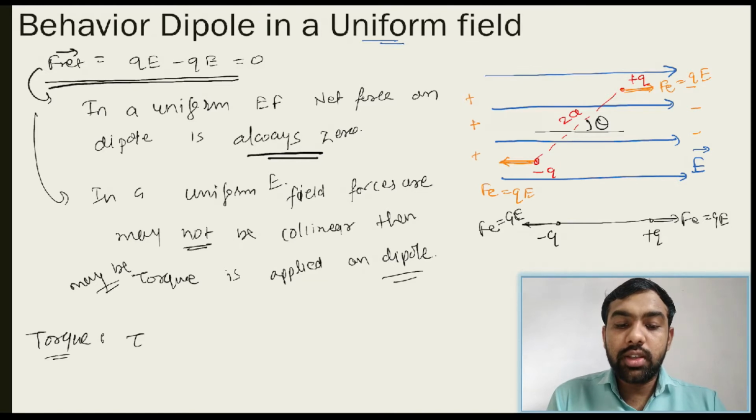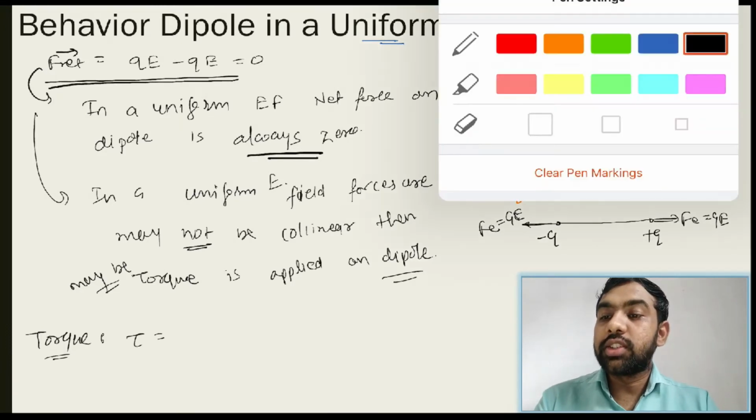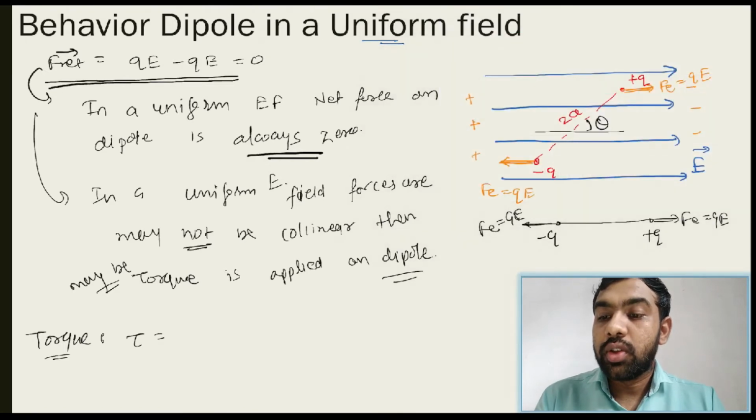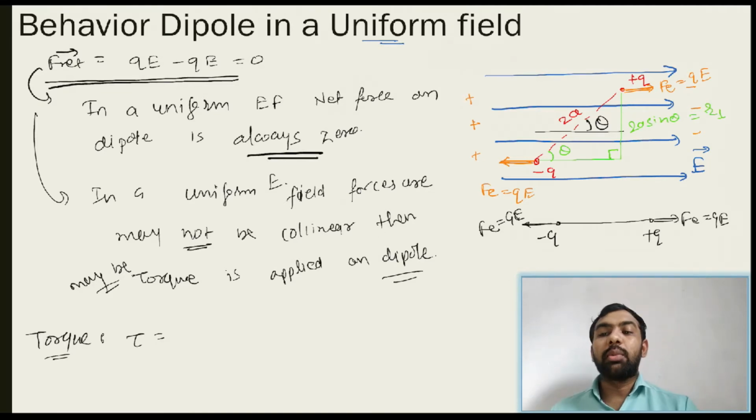Torque is equal to force into perpendicular distance between them. Let's consider this same situation. Here is the perpendicular distance: if this angle is theta, then 2a sin theta is R perpendicular.